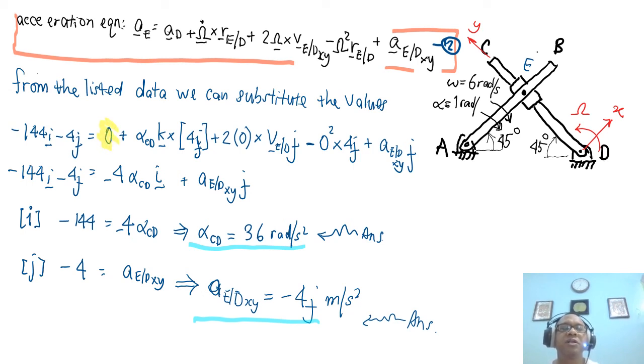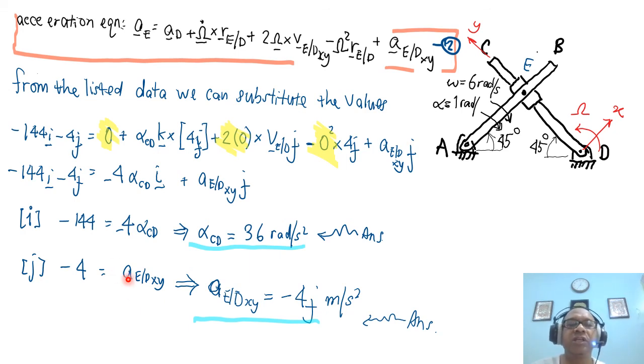The acceleration of the origin D is 0, 2 omega cross the relative velocity is 0, and omega square is 0. So we have solved this equation. I hope you can follow. If you carefully look at all the problems in the textbook, they look the same. They just change the shape, and there is always a sliding motion relative to the rotating axis.